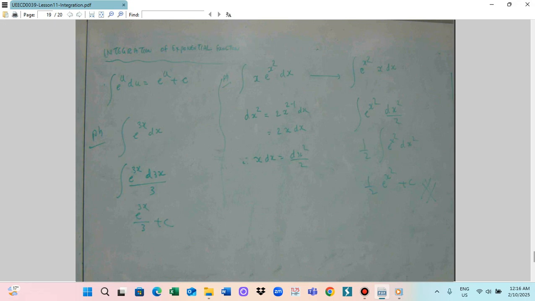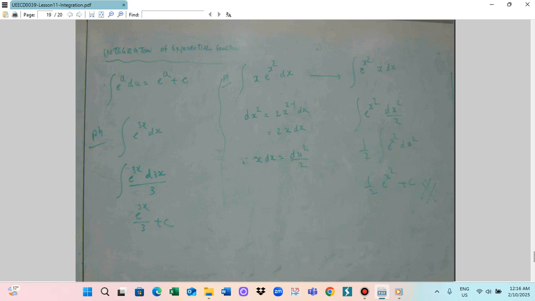And another problem. So integration of A e power A squared dA. So we want to integrate it.